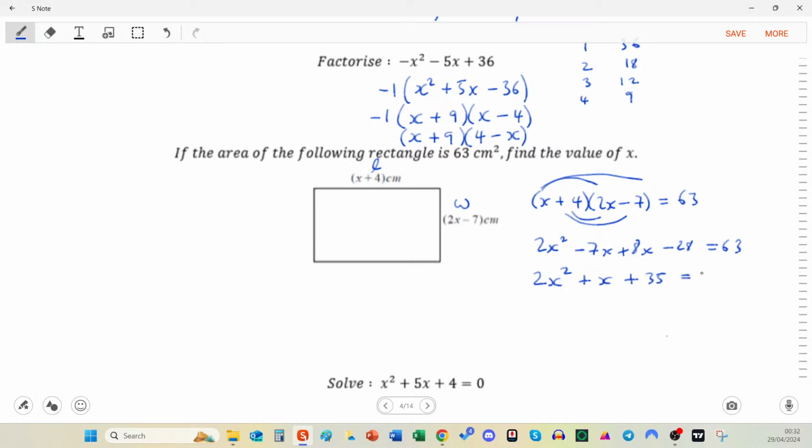What did I do there? Well, I sort of moved it over to one side. In fact, is that correct? No, I take it from both sides, don't I? Yeah, that's right. So minus 28, and I'm going to take away 63 from both sides, so actually minus 91. Okay, so that's our quadratic.